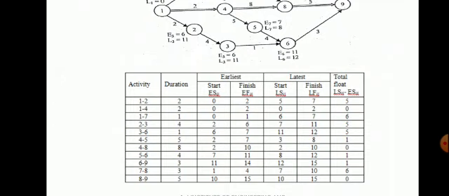Next 5 to 6, after 5 already 7 is there plus 4 activity time, therefore 11. 5 to 6 is 11 at the 6th point. 6 to 9, already 11 is there plus 3, 14.